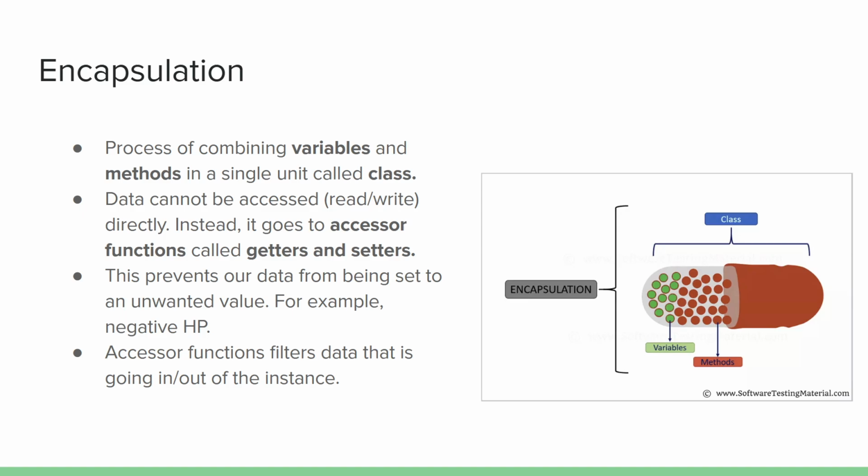So we use accessor functions. Accessor functions filter data that is going in and out of an instance. We use these to control the variables. Maybe you only want it to have a minimum not of zero, but maybe a minimum of five.